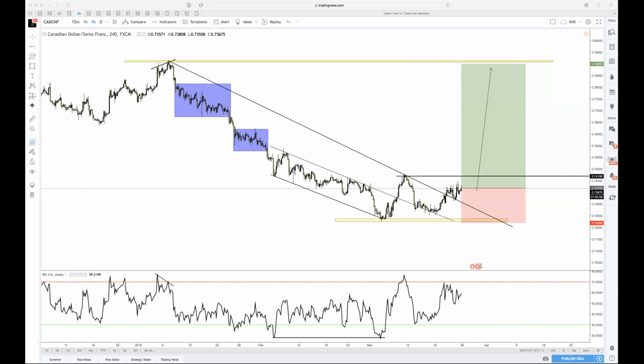CAD CHF. Stop loss 0.722. Take profit is 0.790. The analysis is given out, and it's going to be CAD CHF.